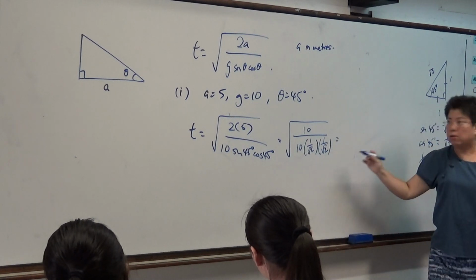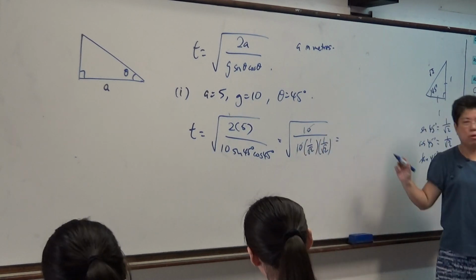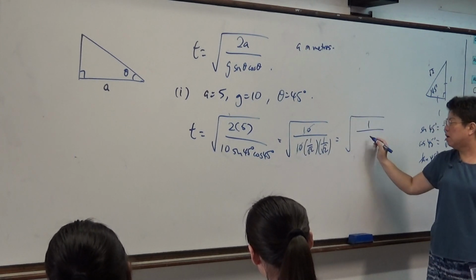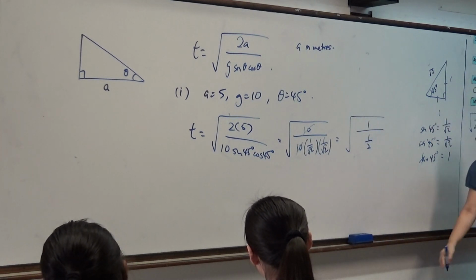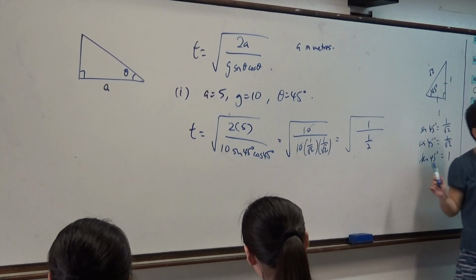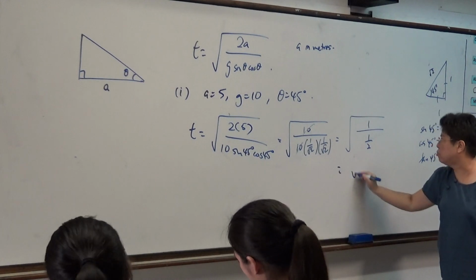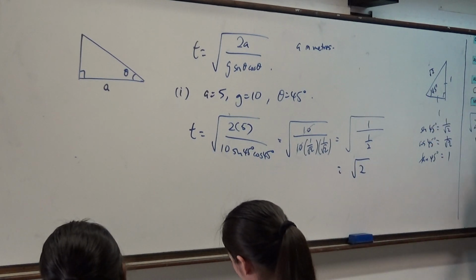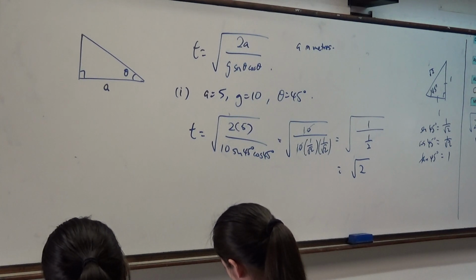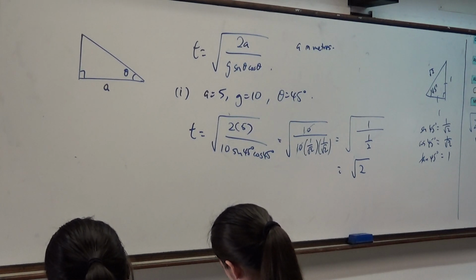Do you agree this cancels off? So this becomes square root of 1 over 2, and for the denominator, 1 times 1 is 1, root 2 times root 2 is 2. So this becomes square root of 2, correct? Yes or no? Square root of 2. So you look at the answer on the next page, can you see you get square root of 2?